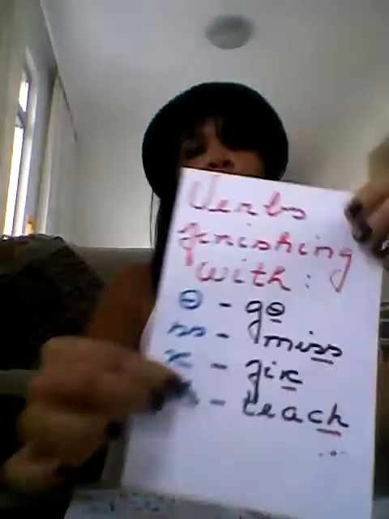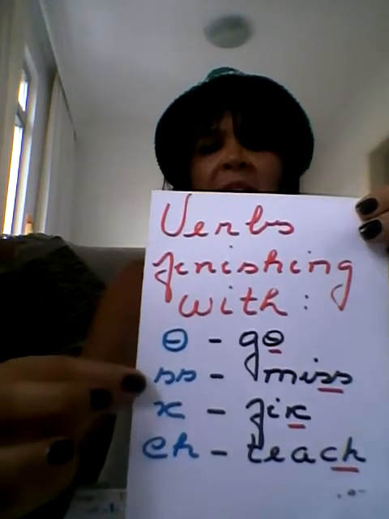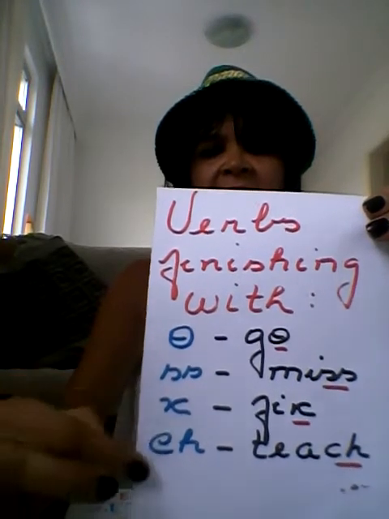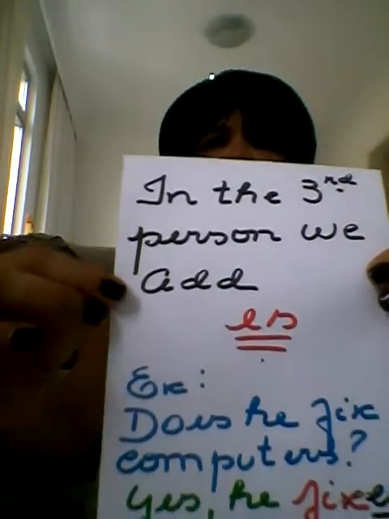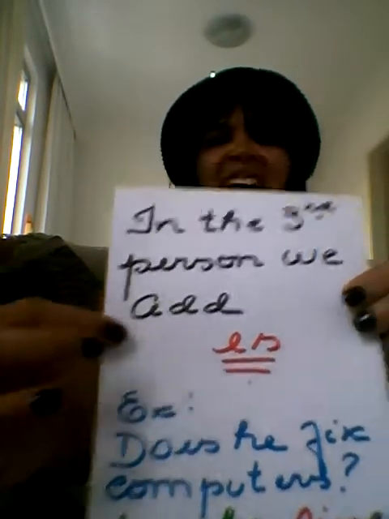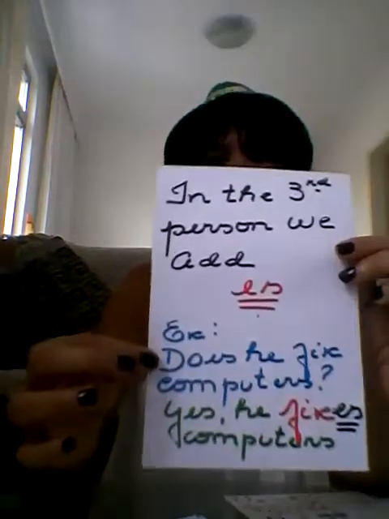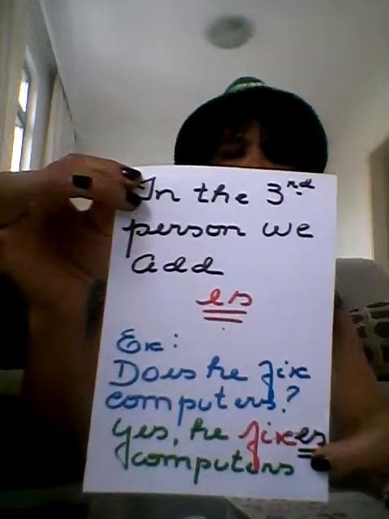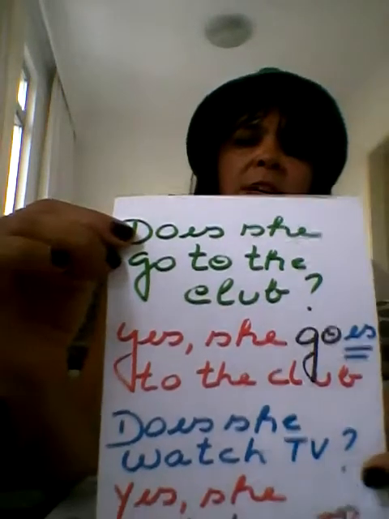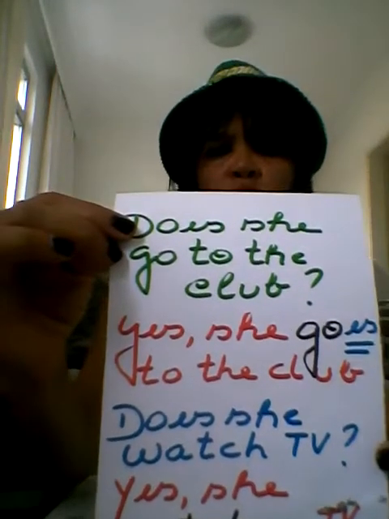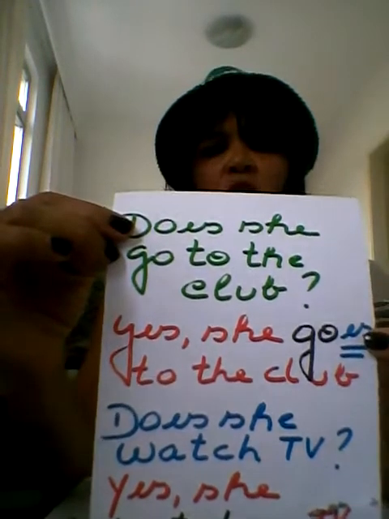Do you remember I told you that verbs finishing with O, SS, X, and CH, in the third person, we're going to add ES at the end of the verb. Example again: does he fix computers? Yes, he fixes computers. Does she go to the club? Yes, she goes to the club.